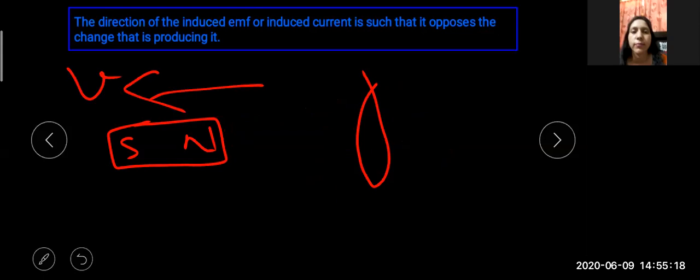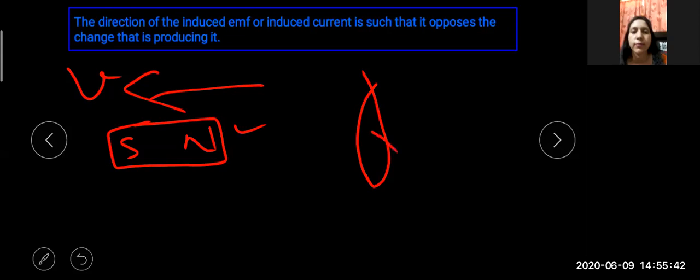To counteract this decrease in the flux, the induced current will flow in clockwise direction. Induced current flows in this coil in clockwise direction when we take this magnet away from this coil. Clear?